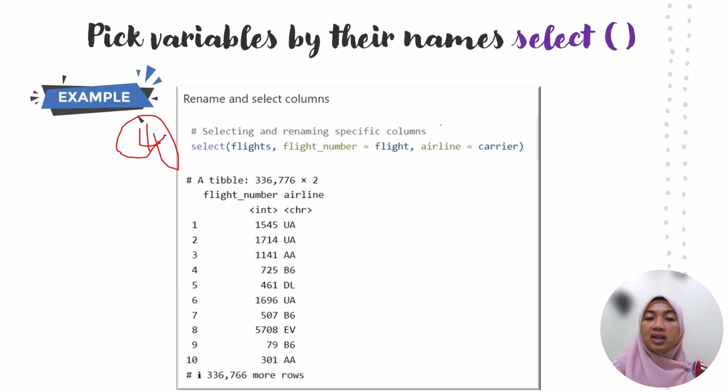So here we rename the columns. The original data frame is flights, and we rename the flight column as flight_number, and the original column is carrier, and then we rename that column as airline.